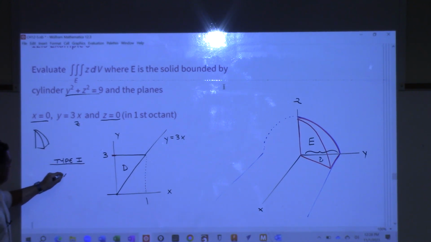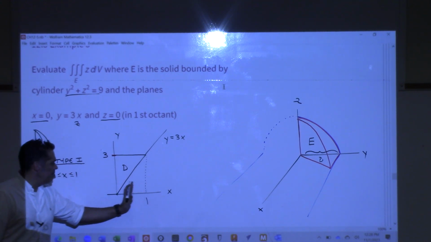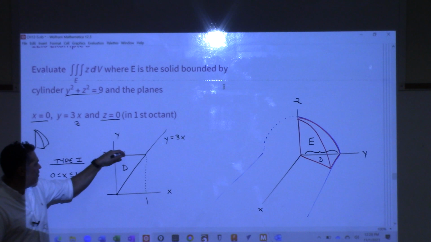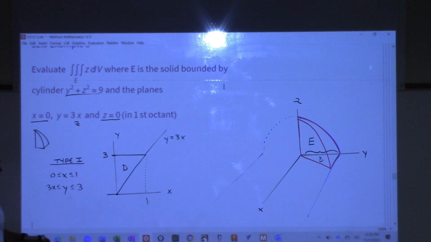All right, so x is between 0 and 1, and y is between two functions of x. The lower one is 3x, that's this. The upper one is 3. And we may as well now get z.